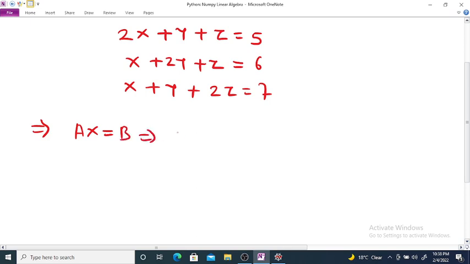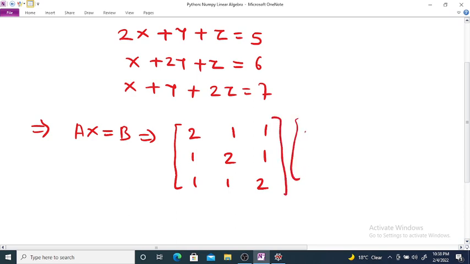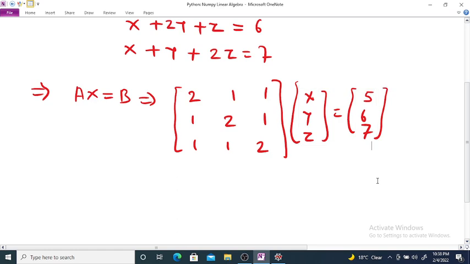If we write this system in matrix form, we get [2 1 1; 1 2 1; 1 1 2] times [x y z] equal to [5 6 7]. Then you can apply various techniques to find the values of x, y, z.